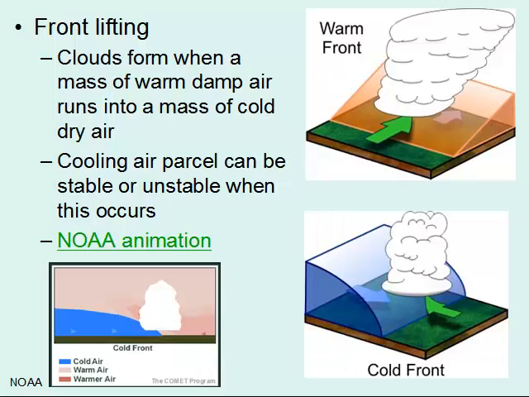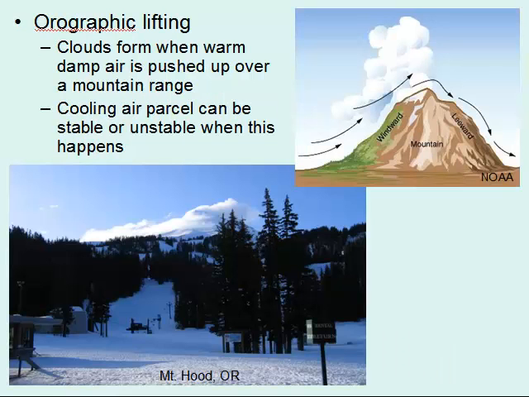So here we go. It's going to cycle through. So we've got that cold front moving in, that cold air running into the warm air, and you can see as that warm air, it's also damp, is forced up and over that cold air, and we have a cloud forming as a result. So that is frontal lifting.